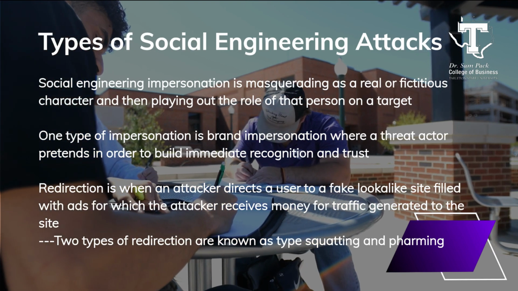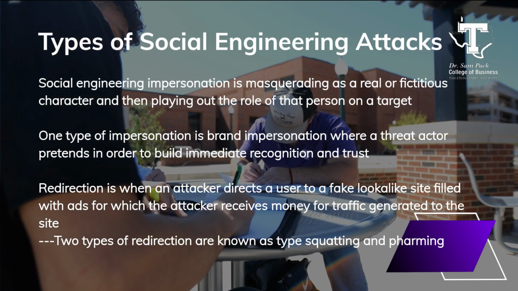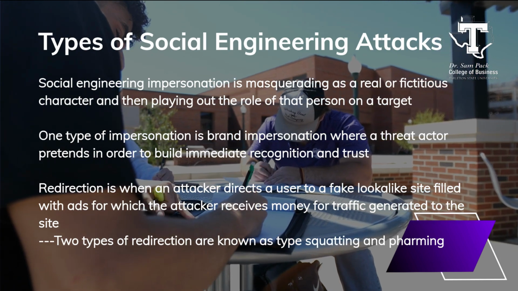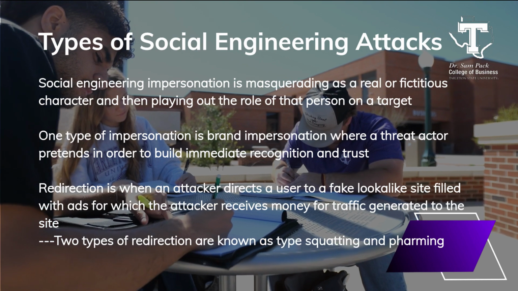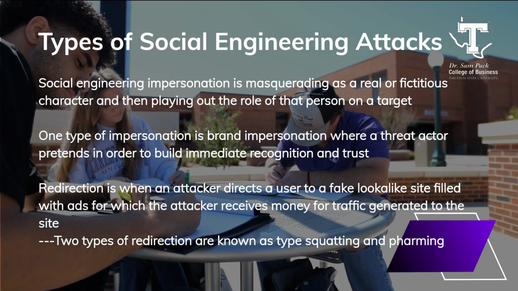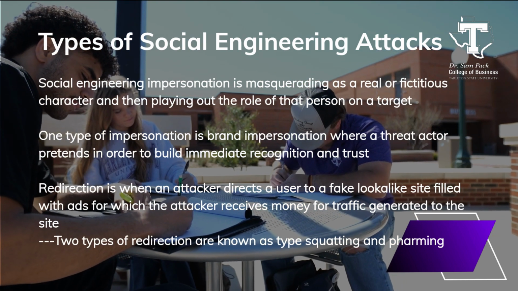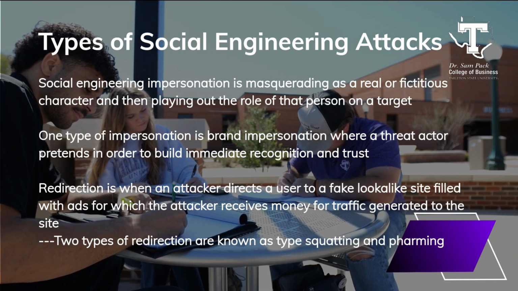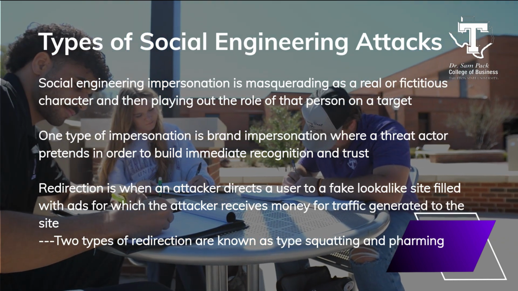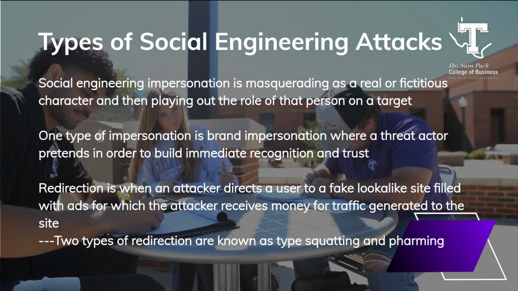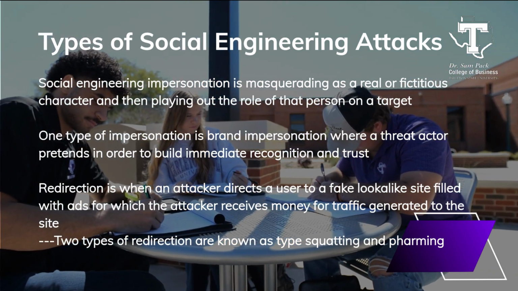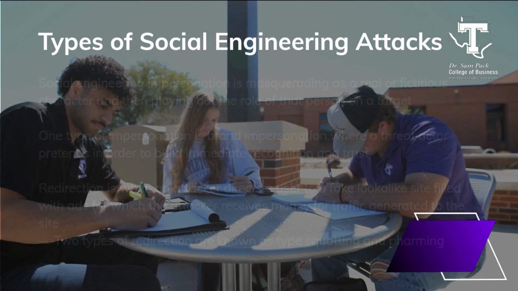Redirection occurs when an attacker directs a user to a fake lookalike site filled with ads, for which the attacker receives money for traffic generated to the site. Two types of redirection are typo squatting, using misspelled versions of popular website URLs to trick users into visiting malicious sites. Farming, redirecting users from legitimate websites to fraudulent ones without their knowledge.